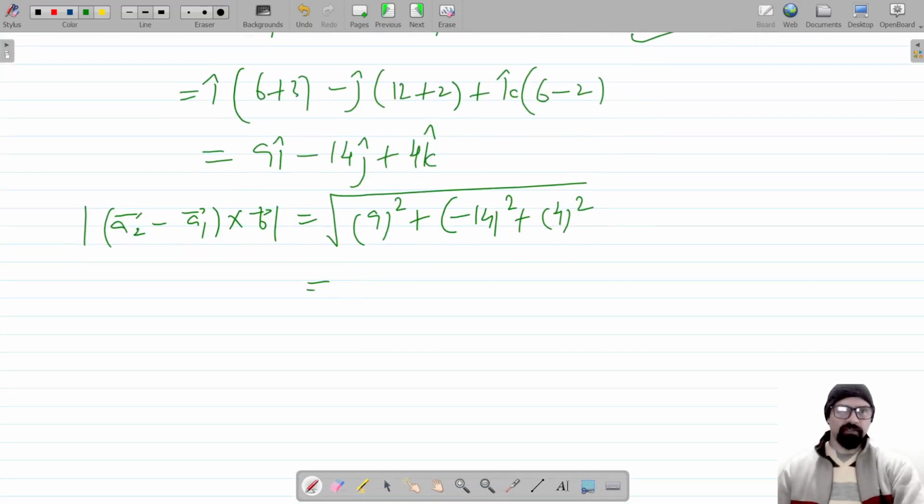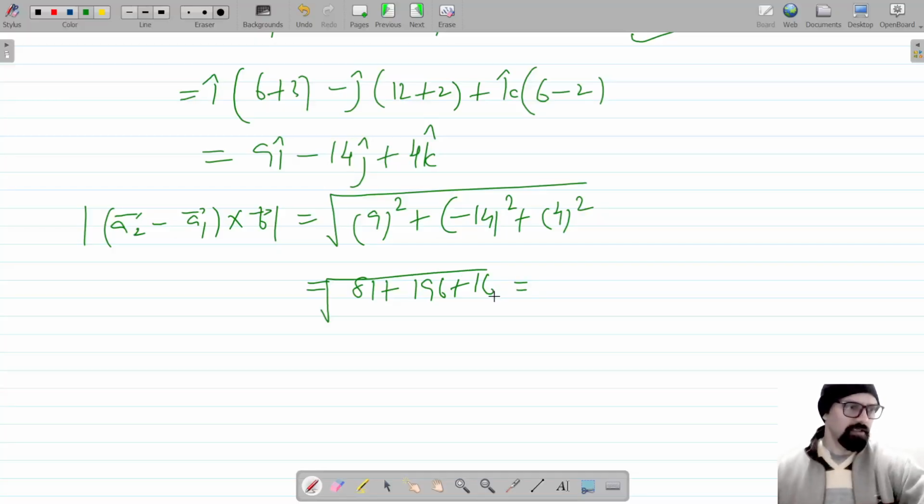So 9 square is 81, 14 square is 196, plus 16, which gives 293, so this is under root 293.